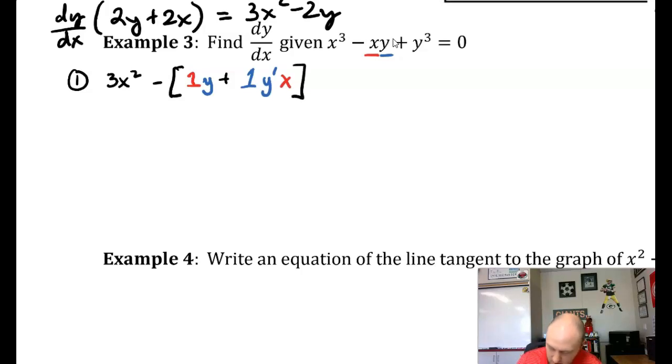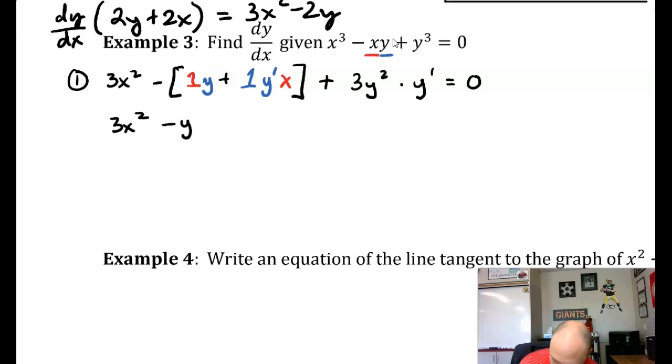Okay, done. Plus y cubed. That's going to be 3y squared times the derivative of y with respect to x, y prime, equal to 0. So let me clean this up. 3x squared minus y minus x y prime plus 3y squared y prime equals 0.